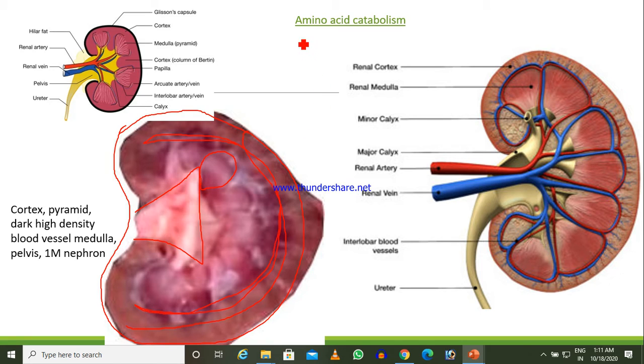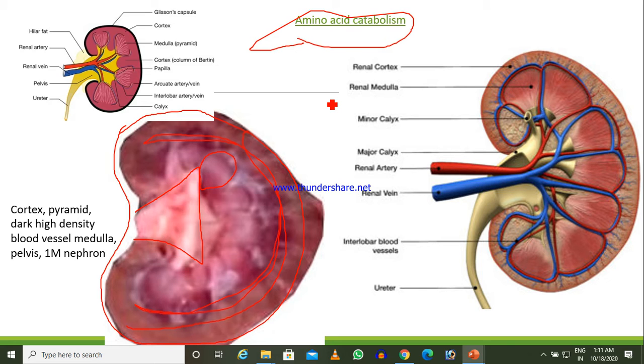Before that, you should have a very basic idea about amino acid catabolism. Normally the final form of protein which is absorbable by our body is amino acid. There is an enzyme in our body, deaminase, which acts on excess protein when we consume it, and converts it into ammonia.